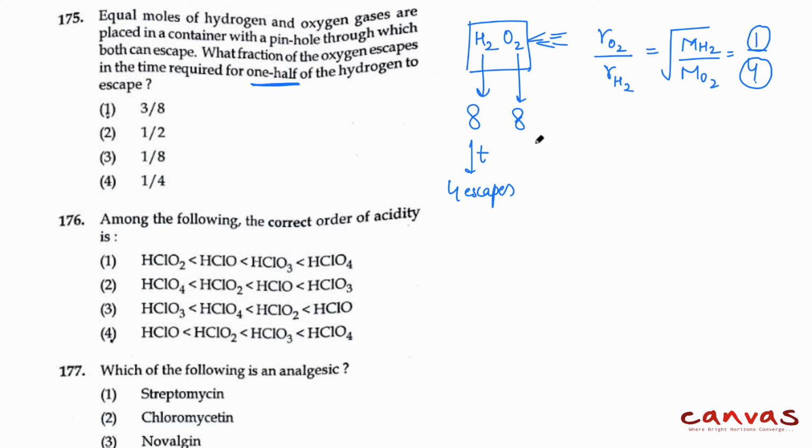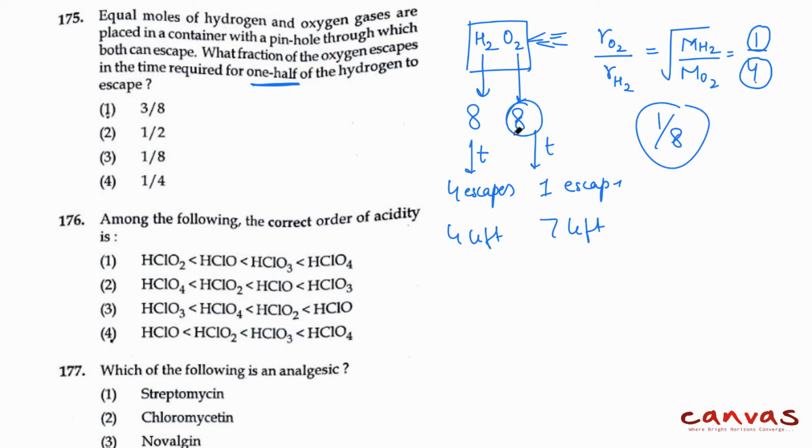In the same time t, how much oxygen escapes? Only 1 part. How much is left? 7 is left. So what proportion has escaped? 1/8. From the 8 parts, only 1 part of oxygen has escaped. So what is the fraction? 1/8.